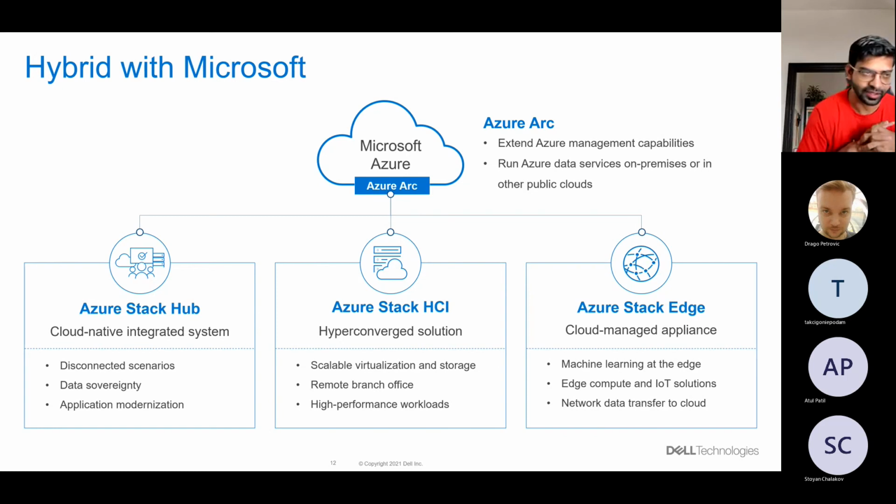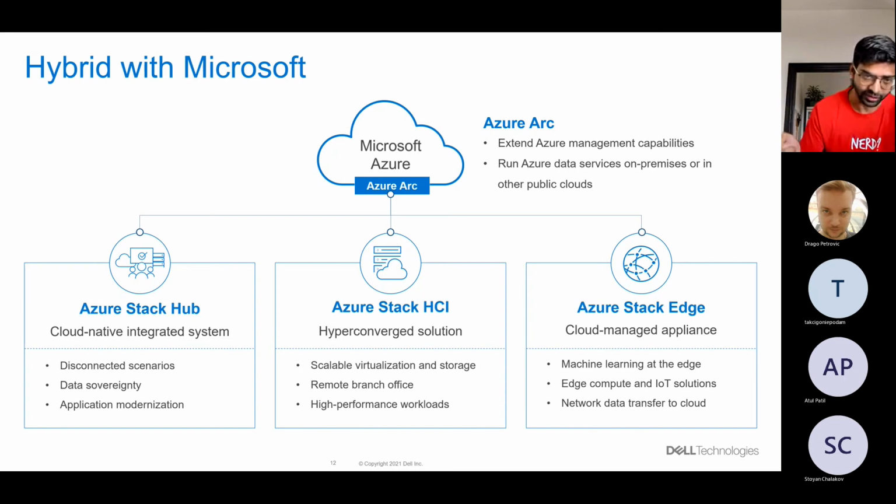It is used in disconnected scenarios mostly, because that is where Azure cannot go. Say there's a huge mining plant somewhere, you have a critical dependency on latency, but you want to use all the AI, ML, IoT capabilities that Azure public services provide. But of course, there is no internet.